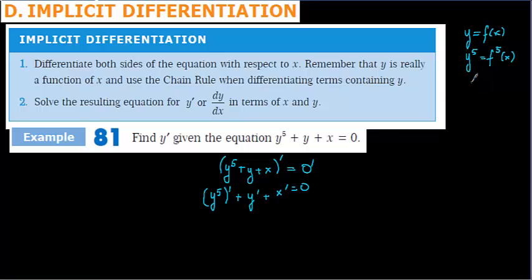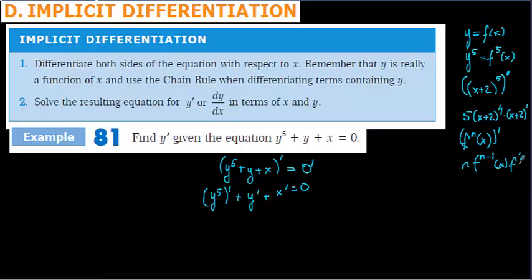Because if I take (x+2) to the power of 5, and I ask you the derivative of this expression, you're going to tell me this is 5 times (x+2) to the power of 4 times the derivative of (x+2), which is the chain rule, and we have to do it like this: the derivative of f to the power of n(x) is equal to n times f to the power of n minus 1(x) times f derivative(x). So for y to the power of 5, you are going to accept that it is f to the power of 5.